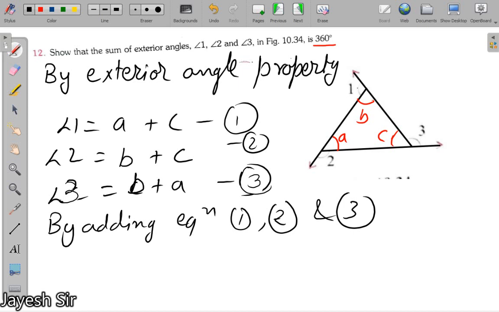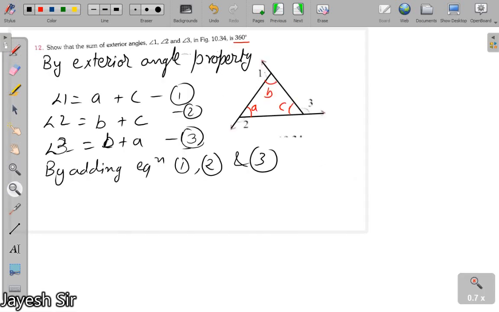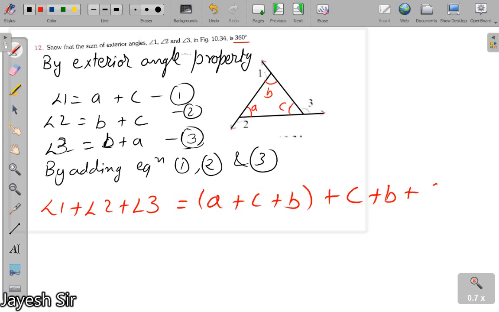On adding all three equations, what will happen? On left hand side we will have angle 1 plus angle 2 plus angle 3. On right hand side we will have A plus C plus B plus C plus B plus A. So once again A plus B plus C is 180 degree. Why? Angle sum property.